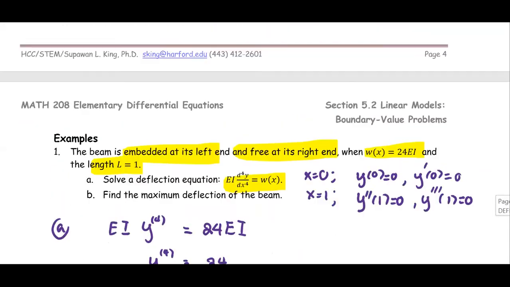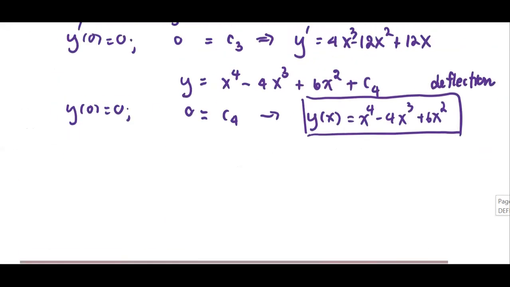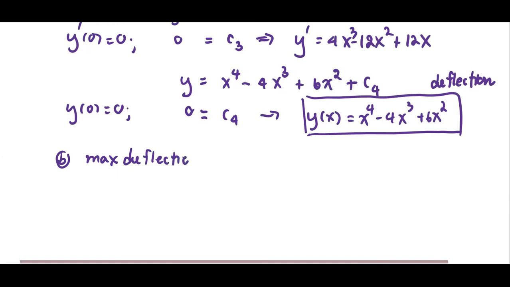And then part B. In part B, we are going to find the maximum deflection of the beam. The maximum deflection y occurs when y prime equals 0.